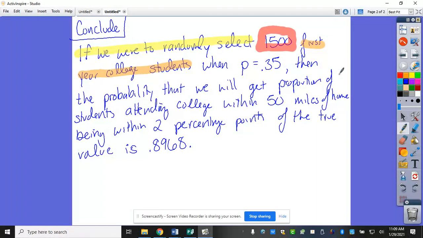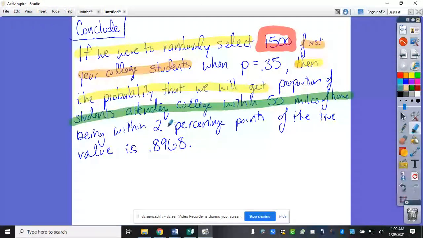Then the probability that, well, that's kind of like the if we were to randomly select, then the probability that we will get, what is all of this talking about? Success. This part is what it actually asked about. So it breaks down better than the way I worded it. All right, so now that we've done a specific problem, we're going to go back and write a generic template for it.